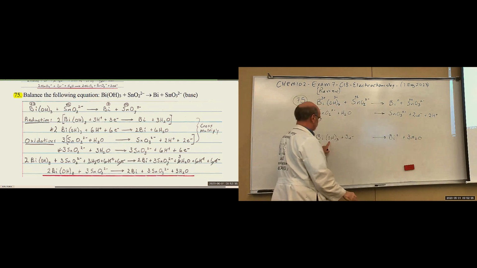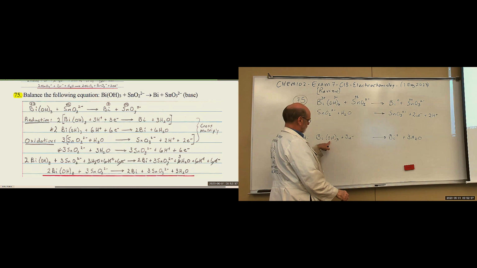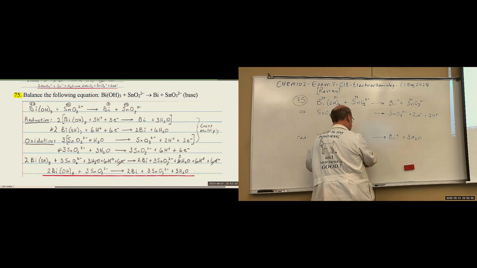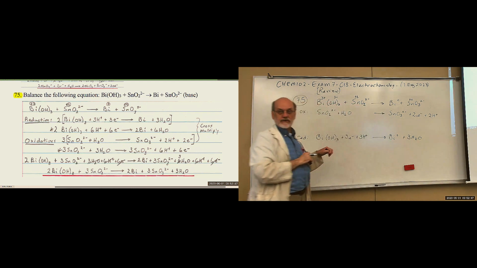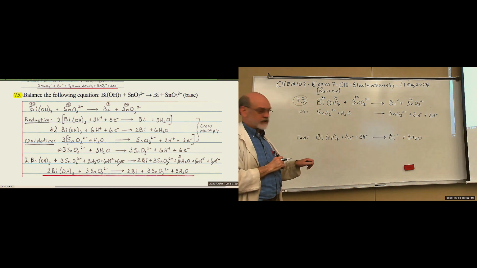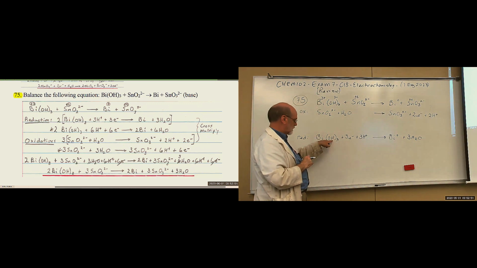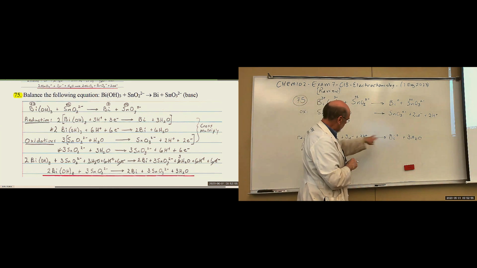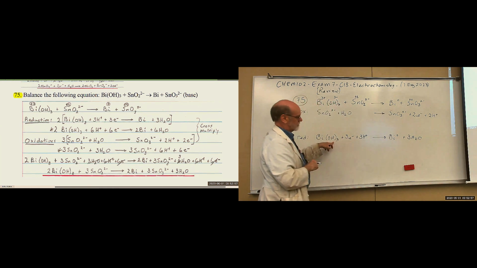Like that. Right? We already have 3 hydrogens over here. With 6 hydrogens there, we only need 3 more hydrogens here to balance the hydrogens. That's where you could stumble. You don't remember that there are 3 hydrogens already over here. So when you come back with your hydrogens, you only need 3.